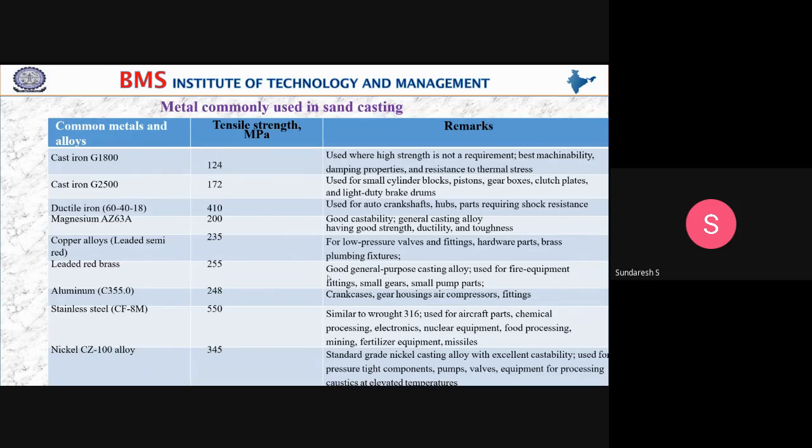Of course, you can get these things on Google also. It is a list that is very important for you to understand, because we might use it in our problems sometimes. So aluminum, stainless steel, nickel, and different materials are there, with corresponding tensile strength and their remarks.